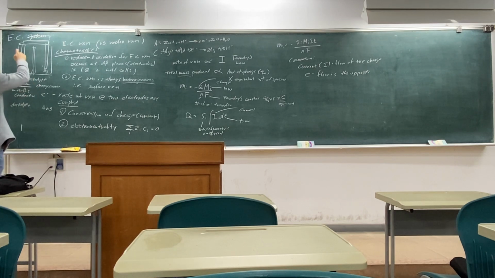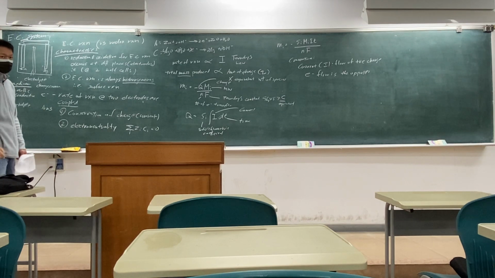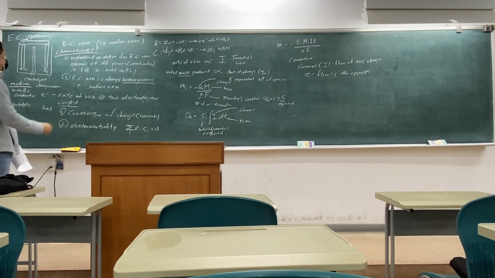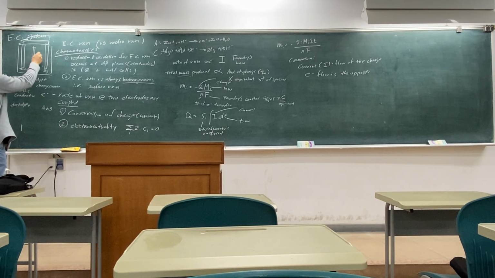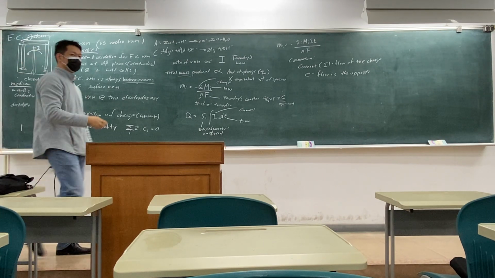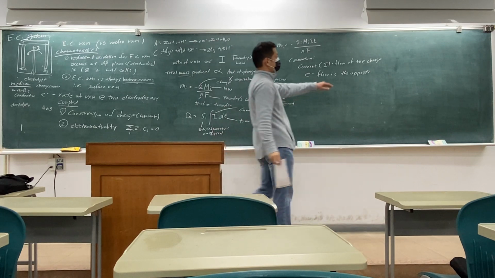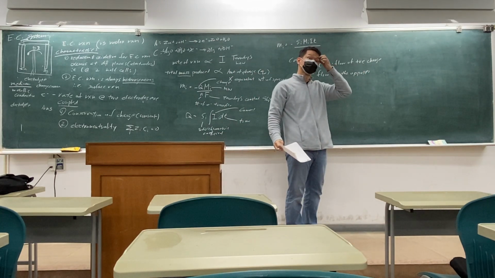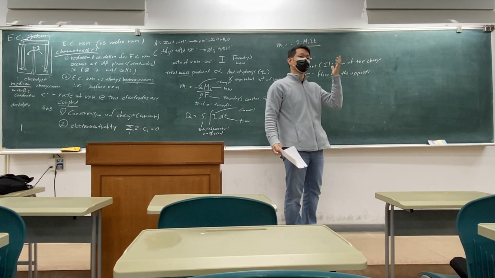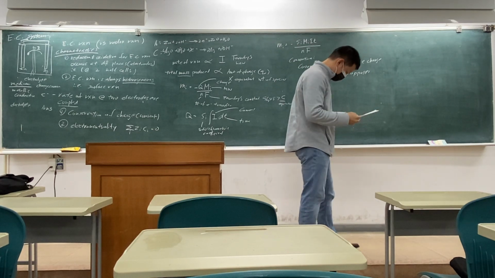So if you connect the two, the electron will spontaneously flow from zinc to silver. So electron is flowing this way, but current, you write current, is flowing the other way. So current is the flow of positive charge. I don't know why, but it's okay.